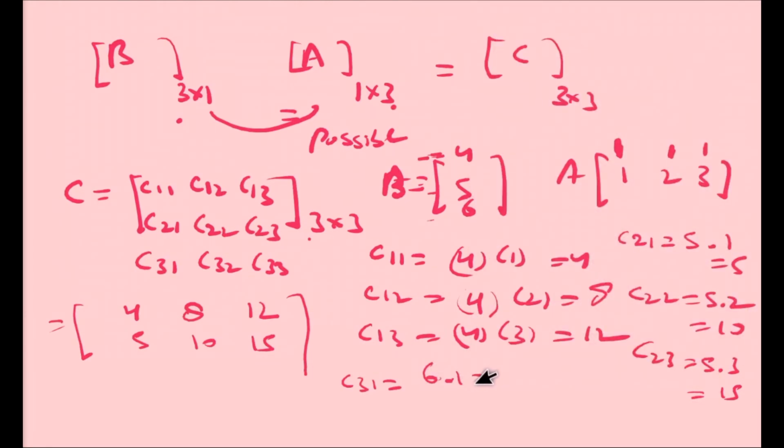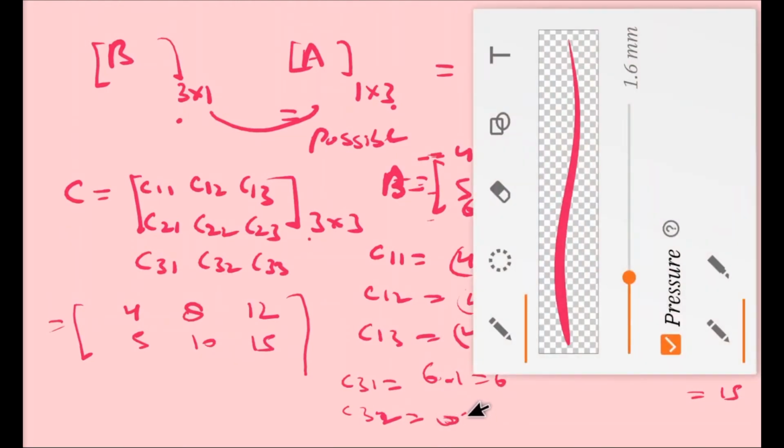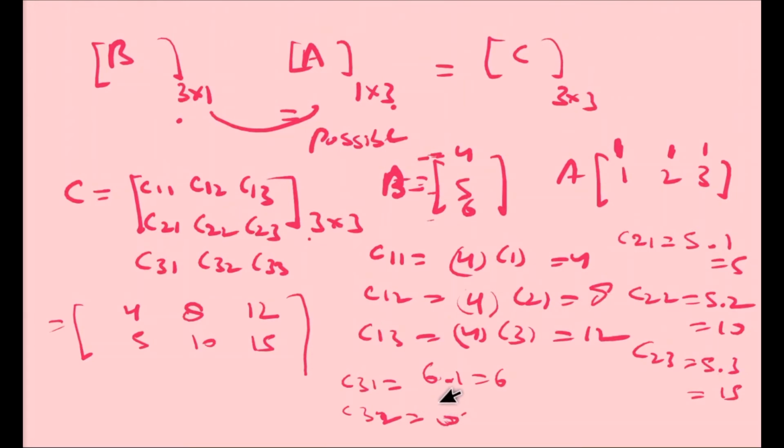Now C31, third row, that is 6, first column, 6 into 1 equal to 6. C32 is third row second column, 6 into 2 equal to 12, and C33 is 6 into 3 equal to 18.